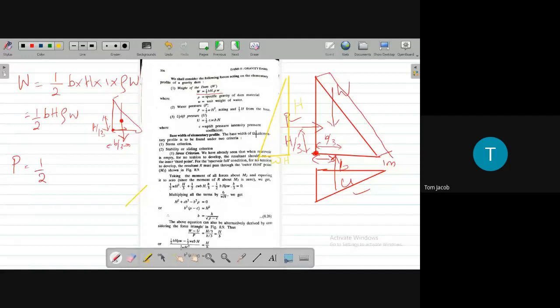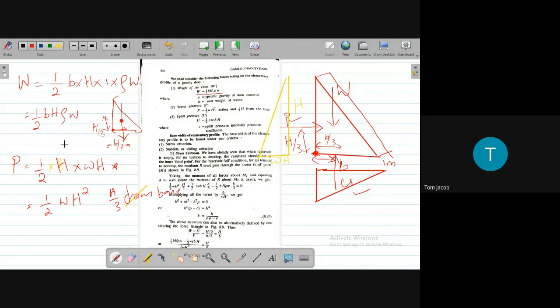So P is half into the area of this triangle, shown in yellow, half into capital H multiplied by WH, which is equal to half WH square. That is the hydrostatic pressure force due to water, acting at H by 3 from the base.